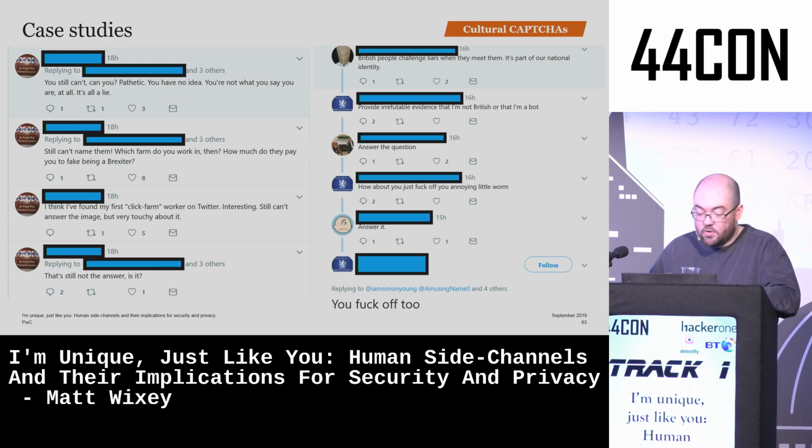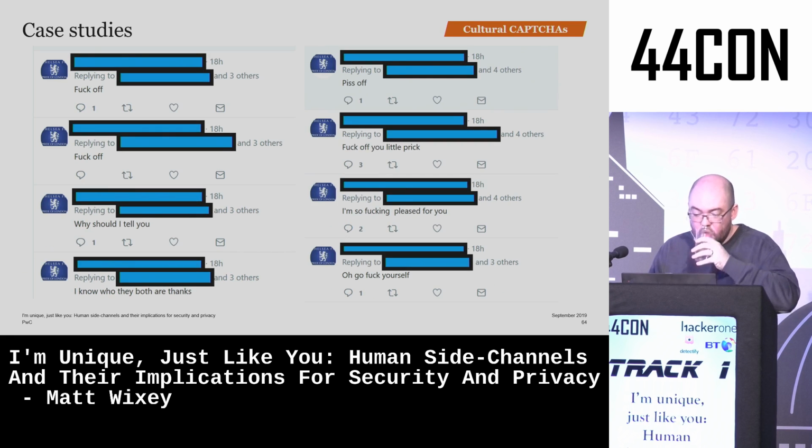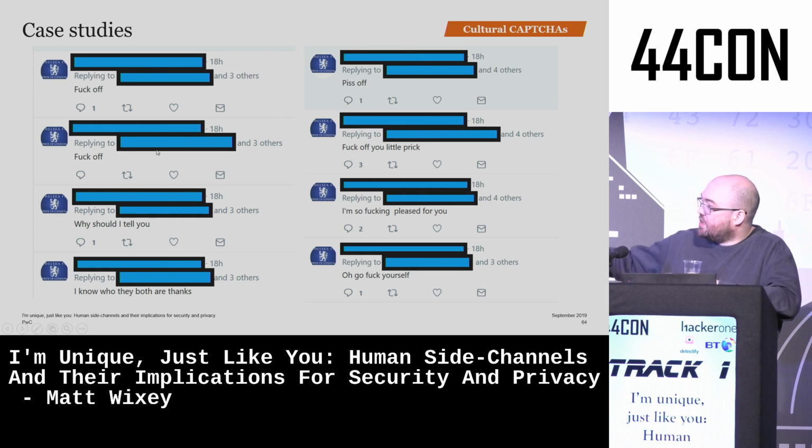And they get increasingly hostile as the conversation goes on. What's particularly interesting in this exchange is the response in the bottom left, where the profile says, I know who they both are, I'm just not going to tell you, which is interesting.